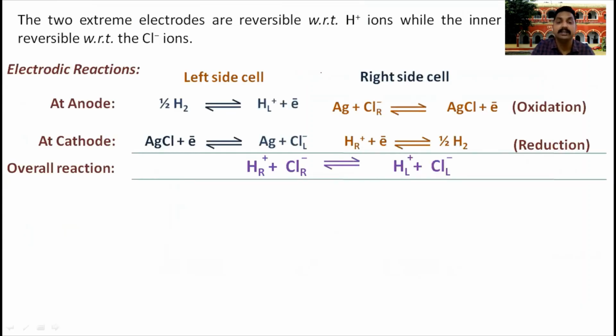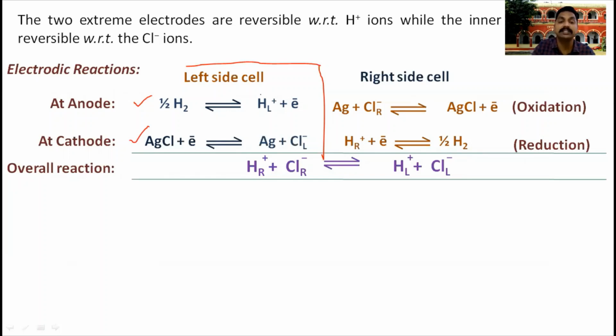If you take the left hand side cell, so here this is the left hand side cell. So in left hand side cell, again we have anode and cathode. So at anode we have hydrogen electrode, and at cathode we have silver and silver chloride electrode. So at anode, if you see, oxidation takes place. Thus H2 is being oxidized to H plus ion and to produce 1 mole of electrons.